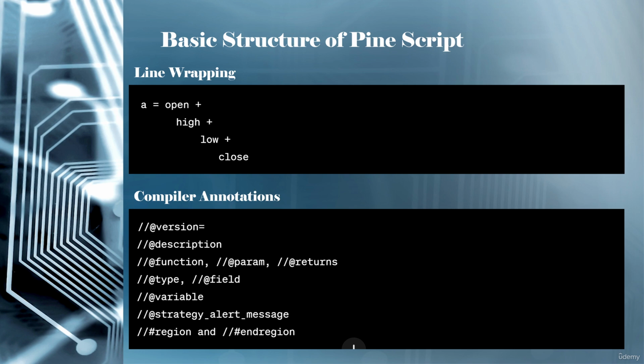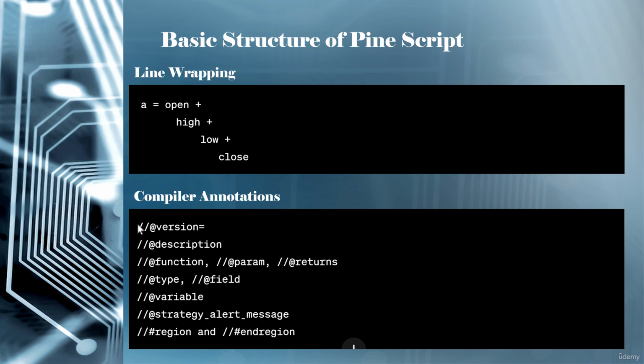And finally, let's review the compiler annotations. Compiler annotations are comments that provide special instructions for the script. They include specifying the Pine Script version, setting custom descriptions, creating collapsible regions, and some other annotations.